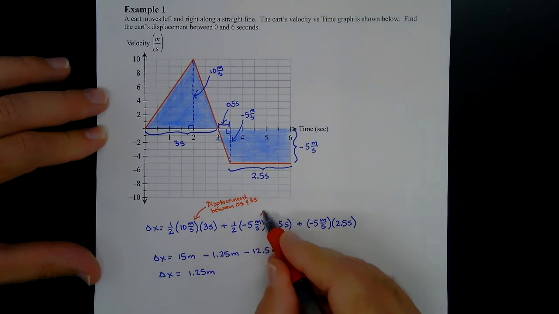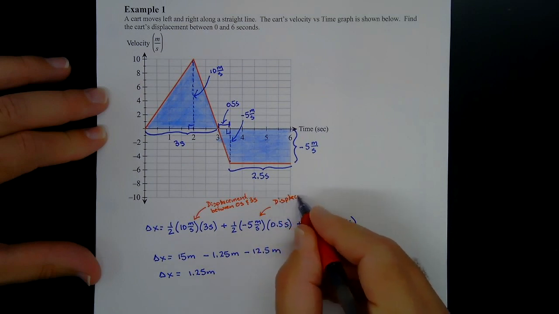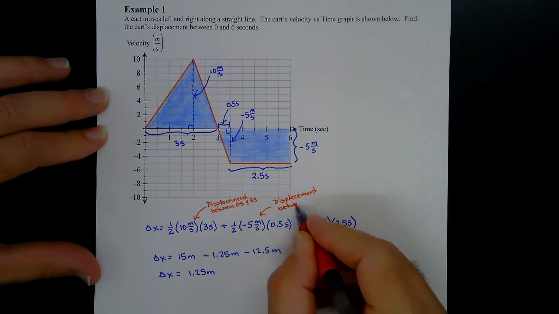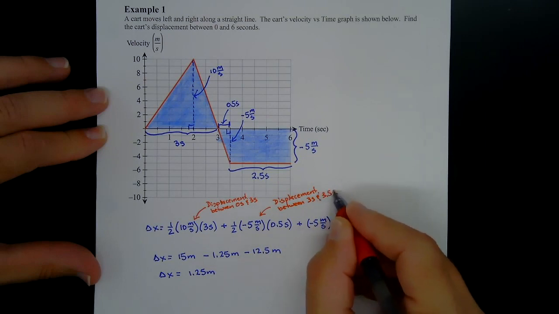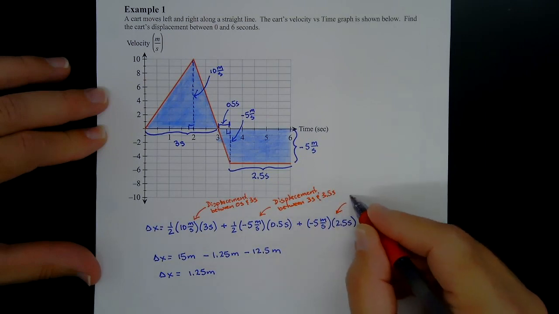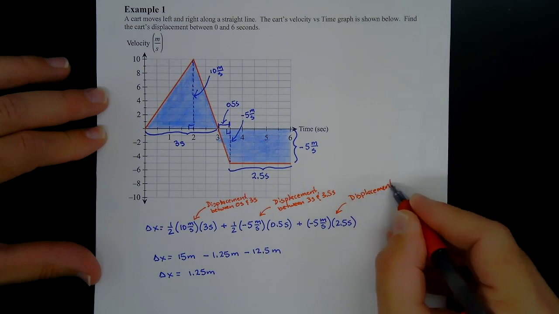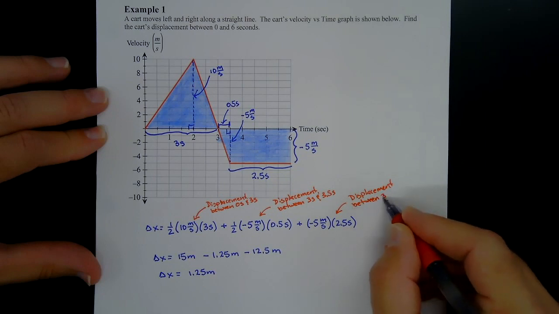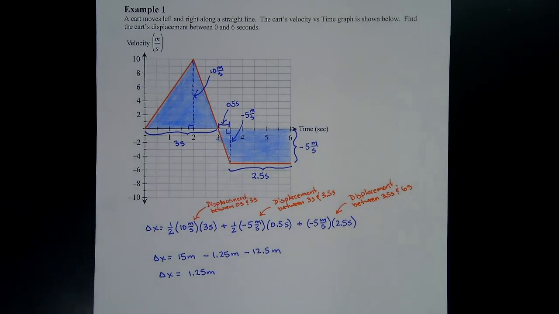This one is the displacement between 3 seconds and 3.5 seconds. And this one is the displacement between 3.5 seconds and 6 seconds. We've added all those up and we get the overall displacement.